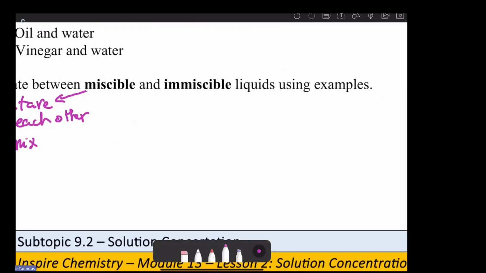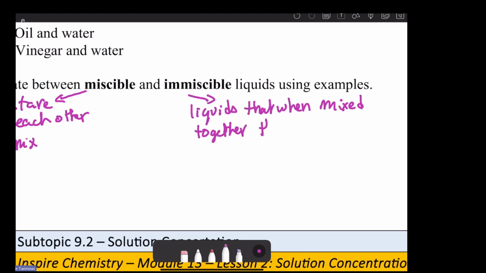Immiscible, it's the liquids that when mixed together, they always separate.